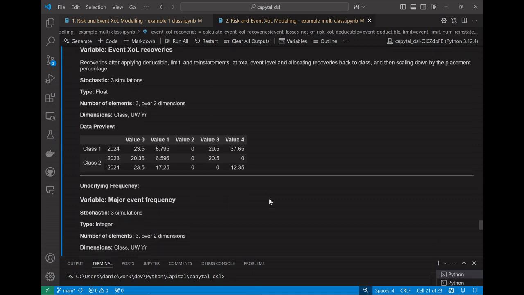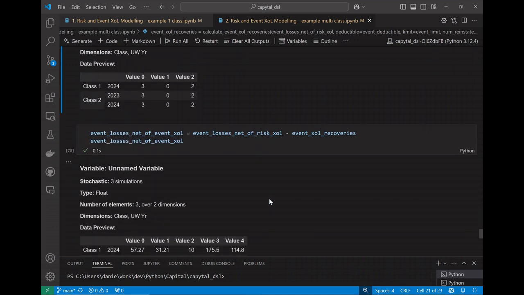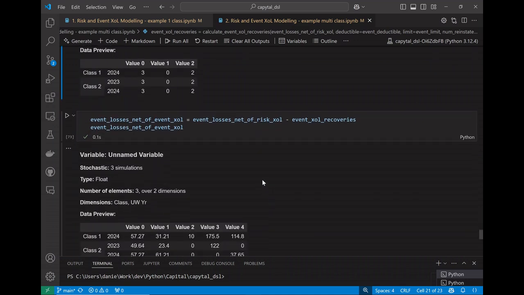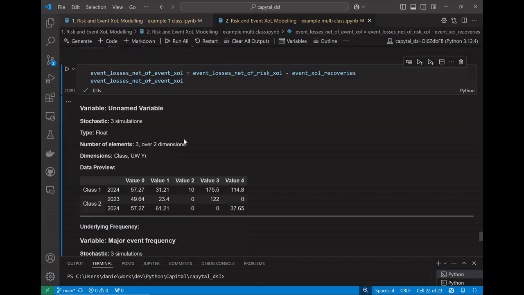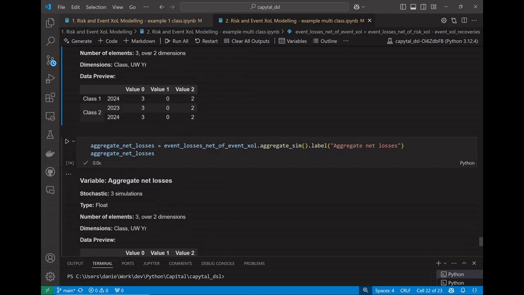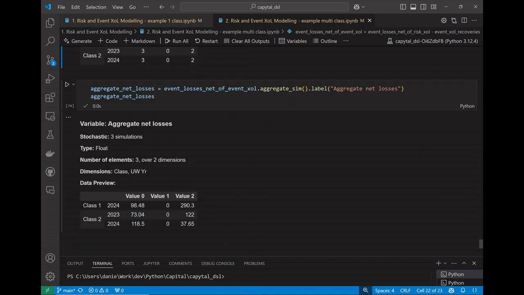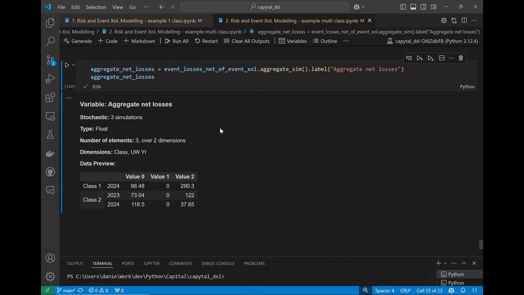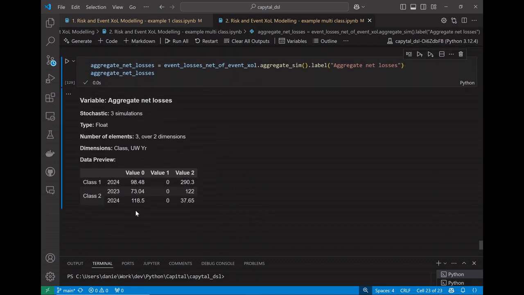And then in exactly the same way as before, we can calculate the net losses by taking the gross, which are already net of the risk XoL, and taking off the event XoL recoveries. And then we can aggregate up into sim and aggregate across the classes, and we get our final results.